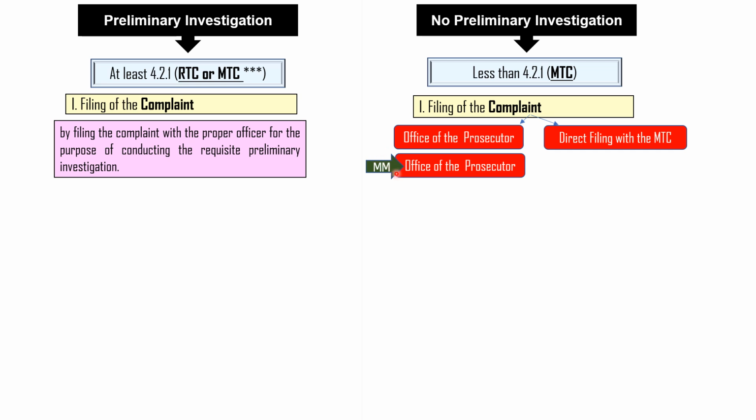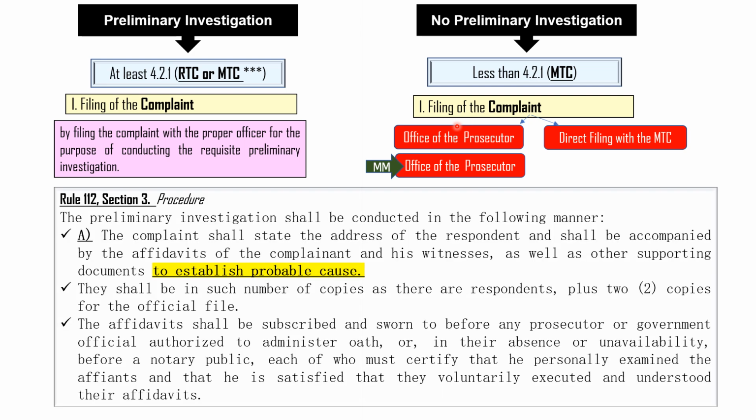What is the requirement of the law if you're going to file your complaint? The same actually with your cases which require PI. Section 3 also of your Rule 112, letter A, should be complied with. The complaint should state the address of the respondent, attach the affidavits of the witnesses, attach also the supporting documents.